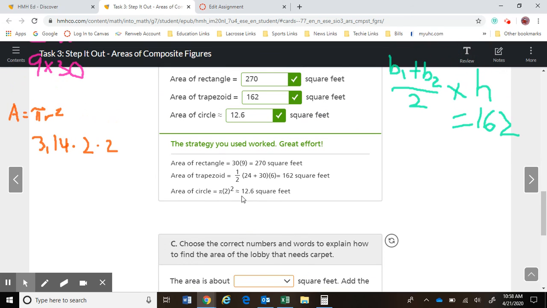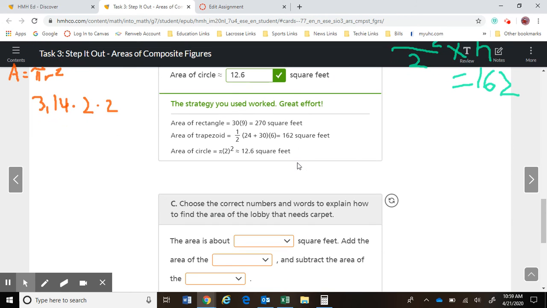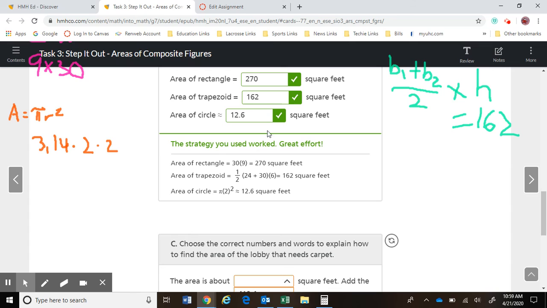Now, what are we going to do with all these three numbers together? Well, we're not going to add all three of them. We're going to subtract something out, right? We've got that 270, we've got that 162, but we've got that place where the statue goes, which is 12.6.